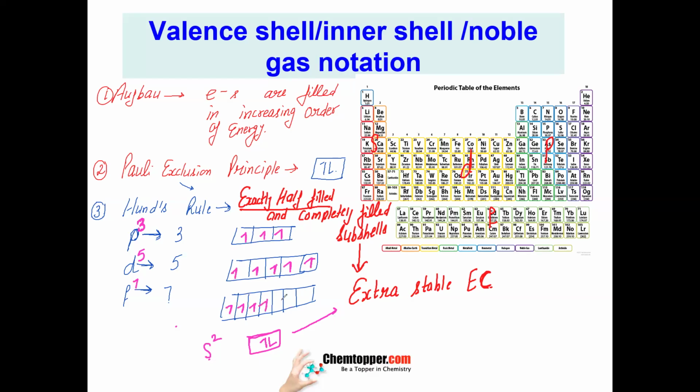You remember Hund's rule? These are extra stable: exactly half filled P, D, and F electron configurations. Arnav, is it okay?